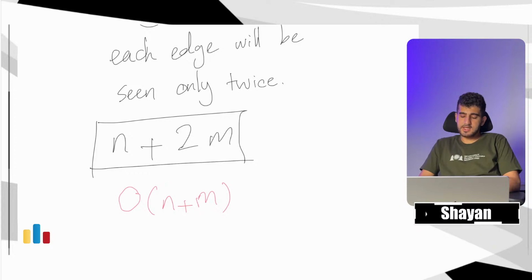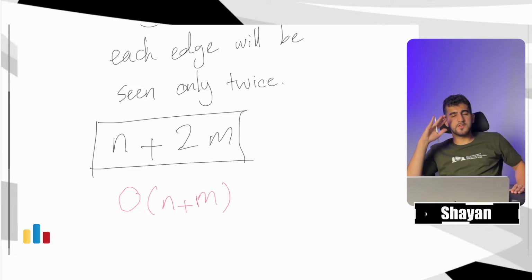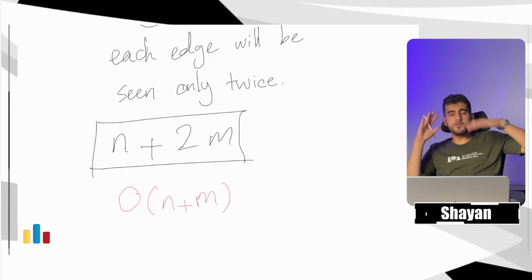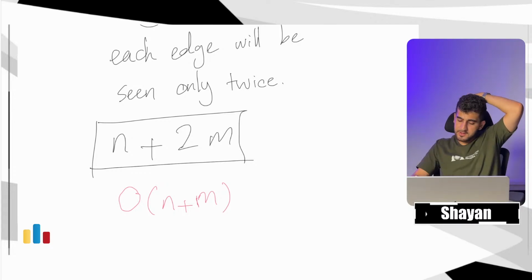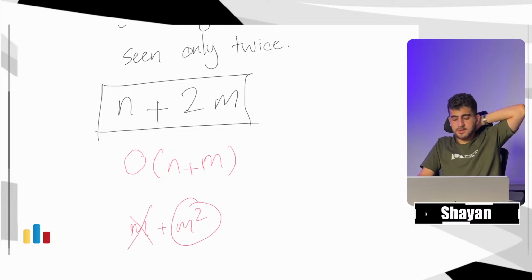About time complexity, we need another stream where we only talk about time complexity. But for now, what I want you to know is this: we just remove the coefficients and the terms that are dominated by other terms. For example, m plus m squared: m squared is more than m, so you can remove m, so it is O of m squared.